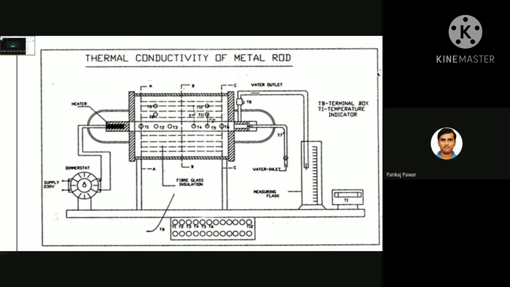T9 and T11 are at what radial distance? Tell me at what radial distance those are placed. 50 mm from the center of the metal rod.